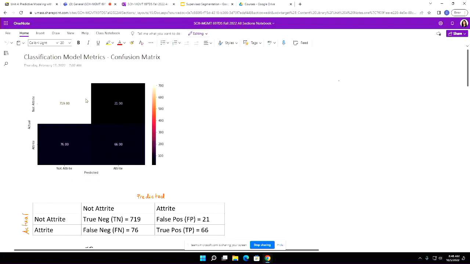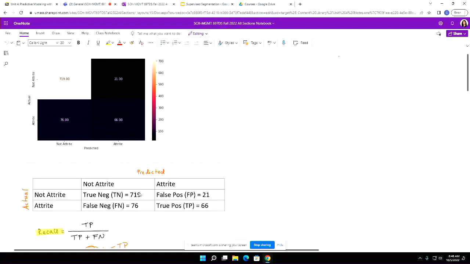So you are going to see this confusion matrix, just a funny name, and there are lots of different ways you can analyze it. A lot of times this terminology is used where we have predictions for those who are not going to leave the company, and actual cases where people do not leave the company. There are 719 of those.